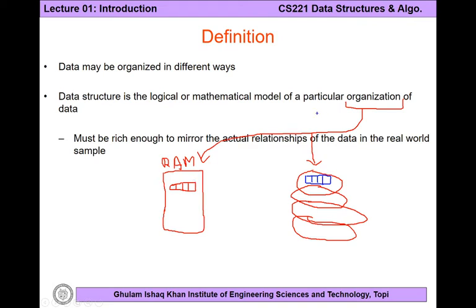So both of them will have the same organization of the data, but here it will be very quick, because the fabrication technology of the RAM is such that it's quick. And the secondary storage device, although it will consume the same amount of memory as it would have consumed in the RAM, when we retrieve the data, it involves a lot of mechanical movement.